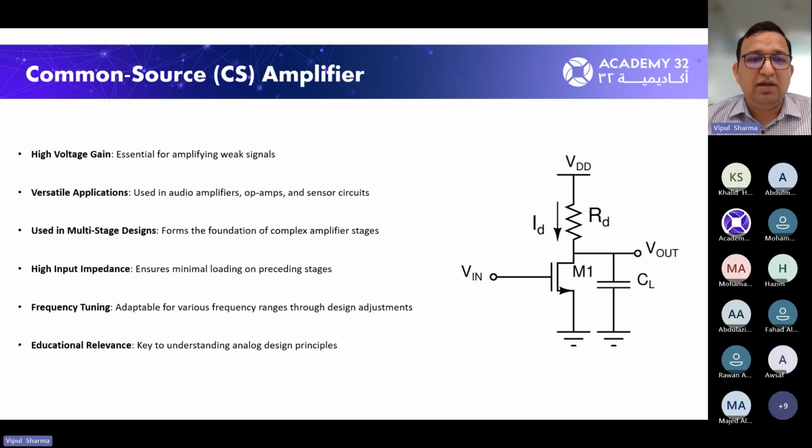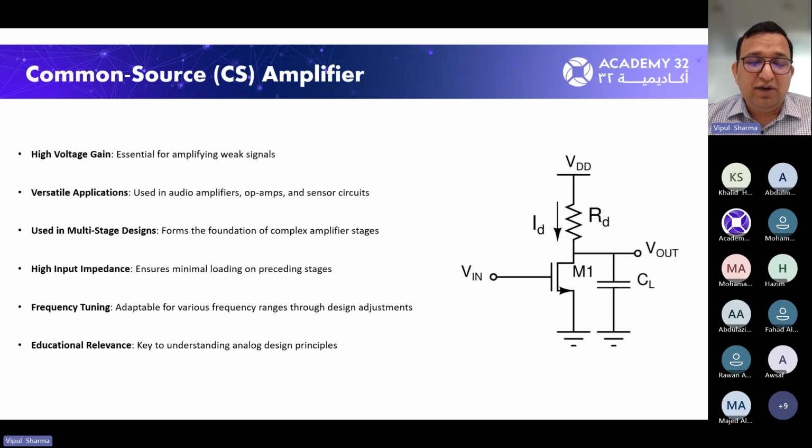Wherever you want gain in your signal chain, a common source amplifier plays a role in one way or another. And it is versatile, so it can be used in different kinds of applications. If you want to build audio amplifiers, operational amplifiers or sensor circuits, these are various applications where a single stage common source amplifier is used. And also multiple stage designs.